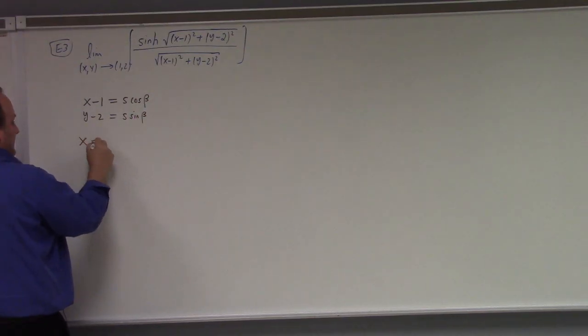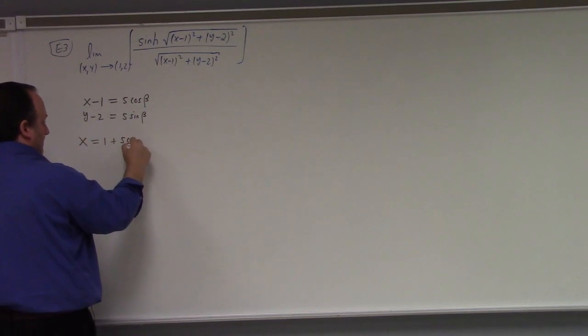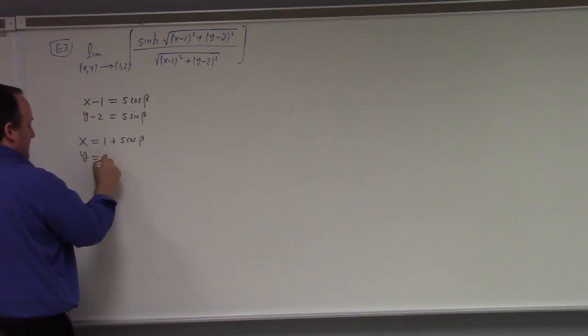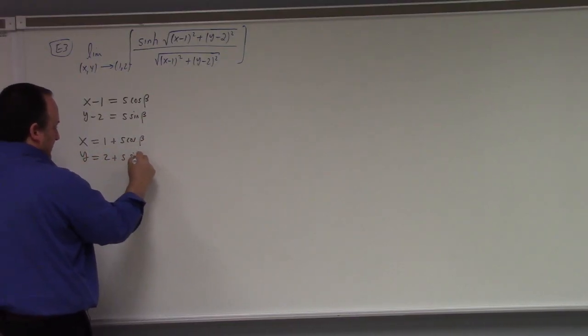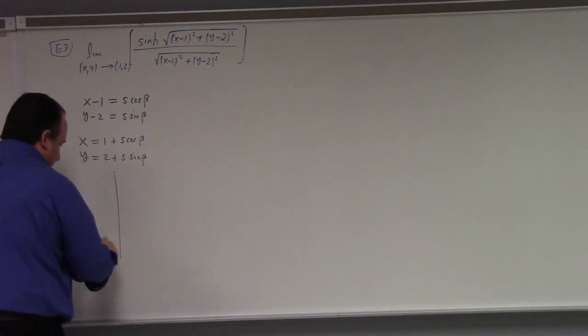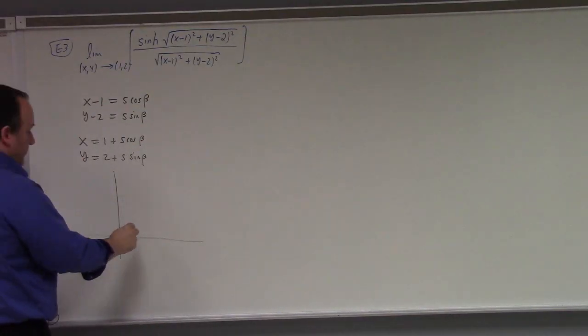So basically I'm saying x is equal to 1 plus s cos beta, and y is equal to 2 plus s sine beta.